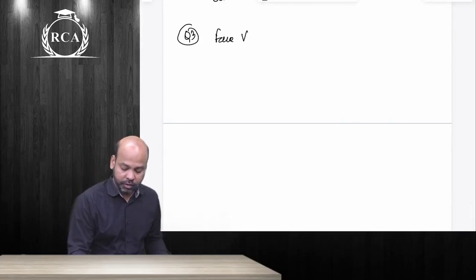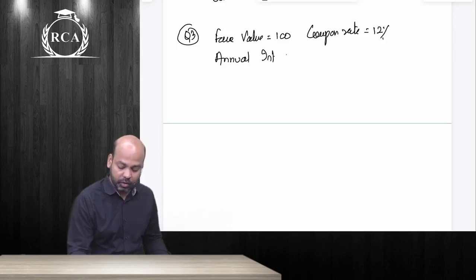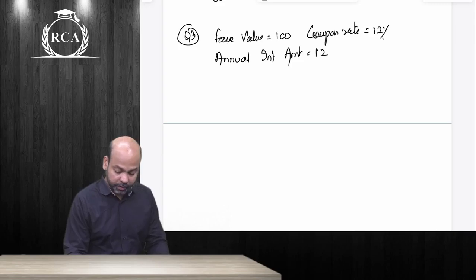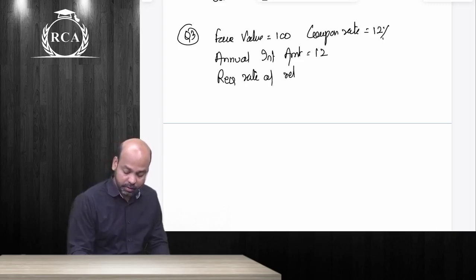Face value of the bond is 100 rupees. Coupon rate is 12%, so your annual interest amount will become 12 rupees. It's a perpetual bond, guys. So required rate of return, how much is it? 16%.